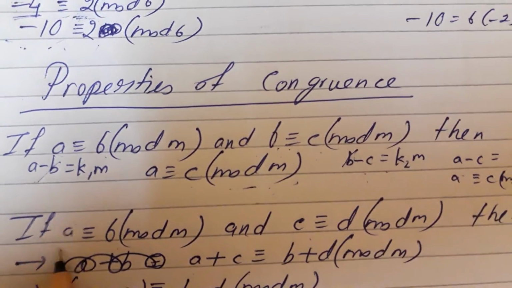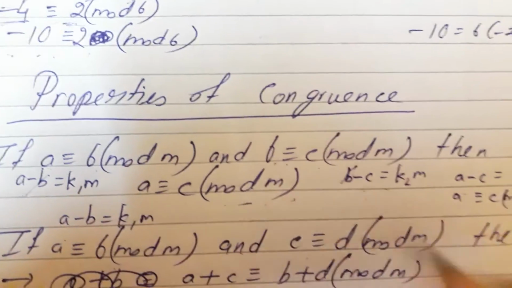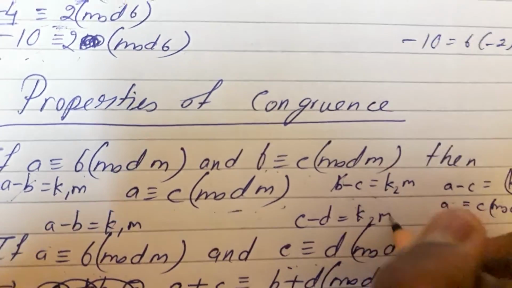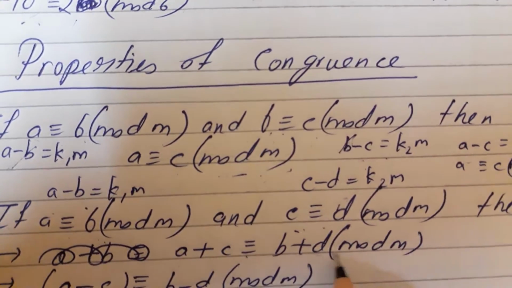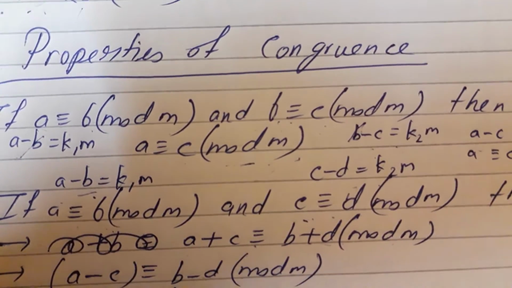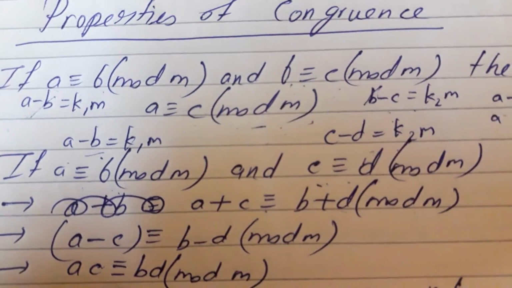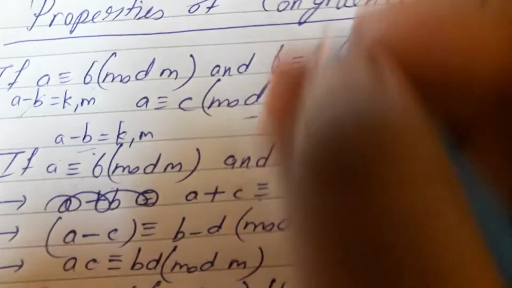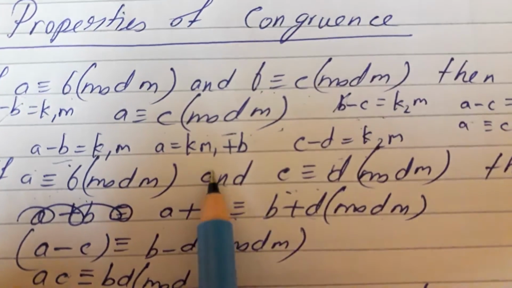See here, A congruent B mod M means A minus B equals K1 M, and C congruent D mod M means C minus D equals K2 M. So if you add these two, we will get A plus C congruent B plus D mod M, and if you subtract these two, you will get A minus C congruent B minus D mod M. And for the multiplication, you can write A congruent B mod M means A equals K1 M plus B, right?